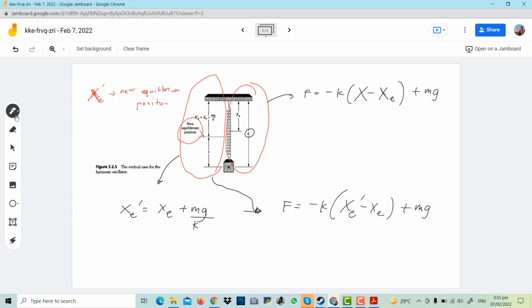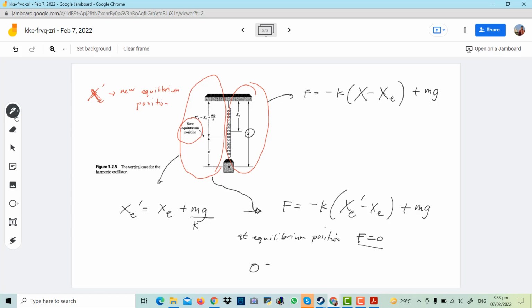And from this, setting f equals 0 at new equilibrium position, the summation of force there is equal to 0. So therefore, f must be equal to 0 there.